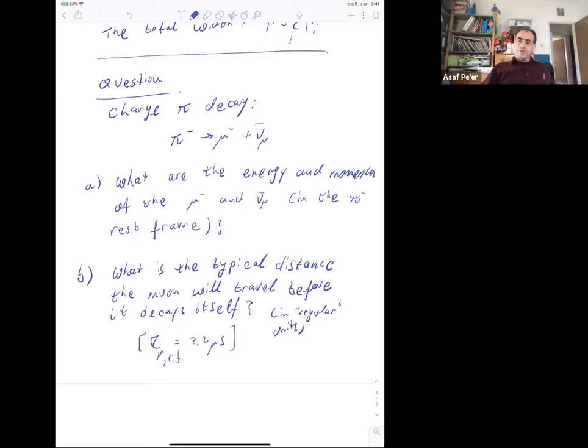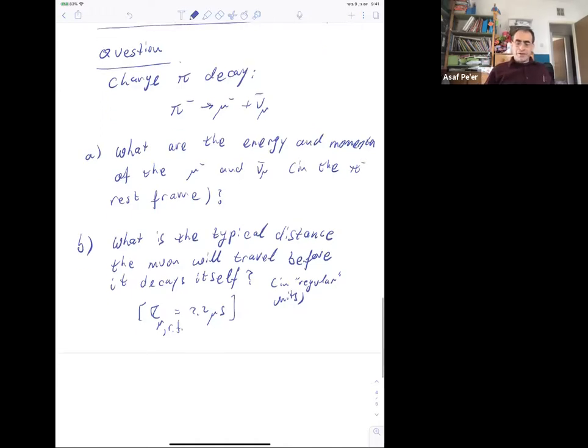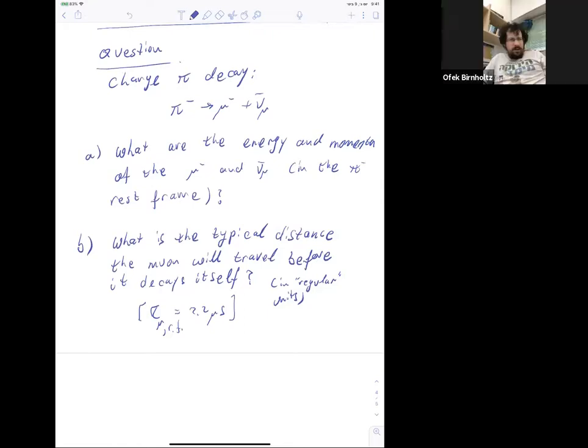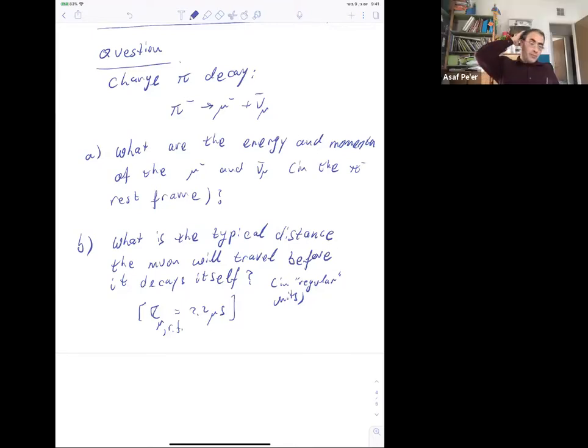So, who's volunteering to answer the first part? What are the energy and momentum of the muon and the muon neutrino produced in the pion decay? Is this anything more than solving two equations in two variables, where the equations are mass and linear momentum conservation in an arbitrary direction? Well, in principle, yes.